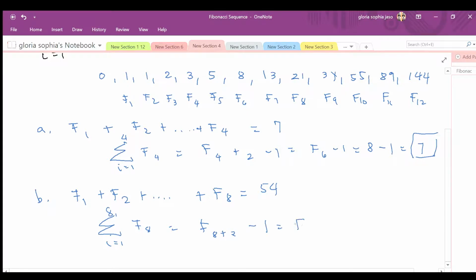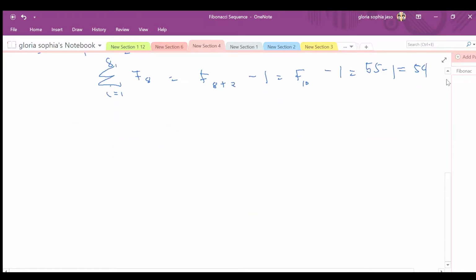So, that's F sub 10 minus 1, wherein our F sub 10 is 55, minus 1. And the answer is 54. Okay?